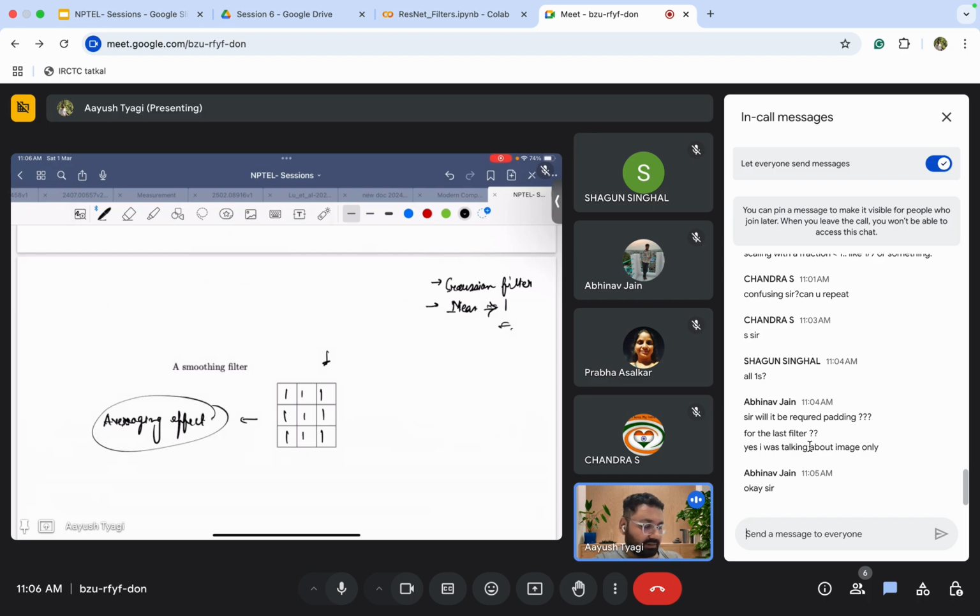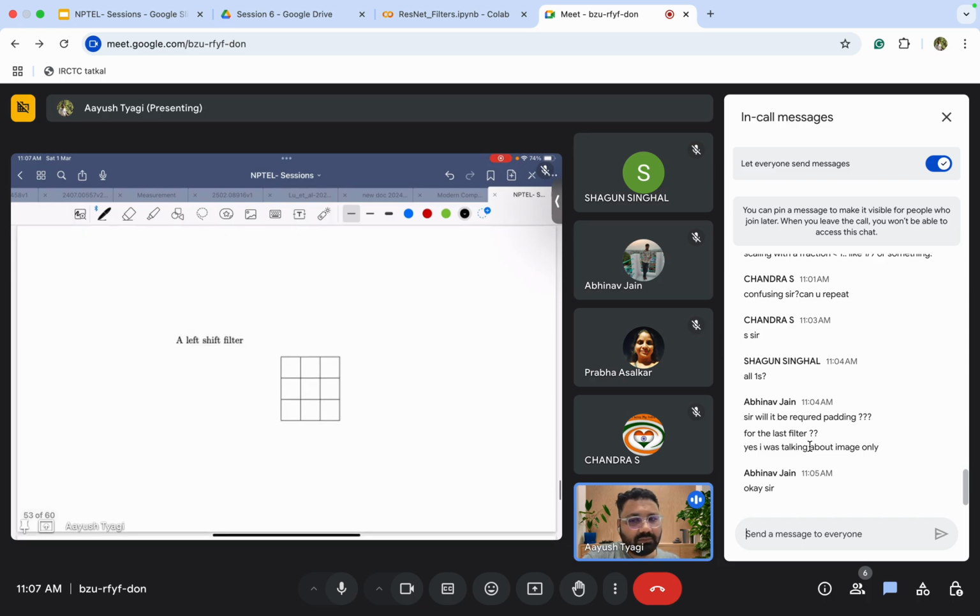It kind of damps your high edges, so it makes your image kind of smooth. Makes sense. Any doubt? Okay.